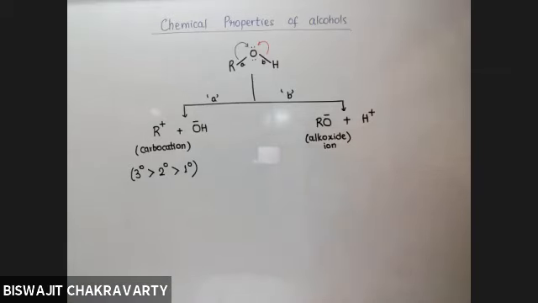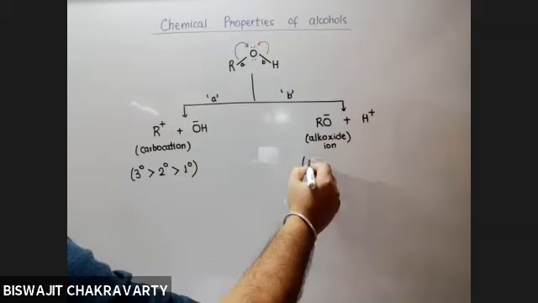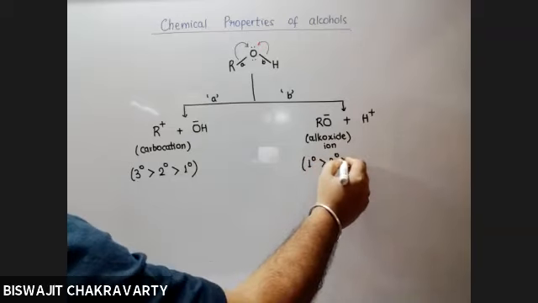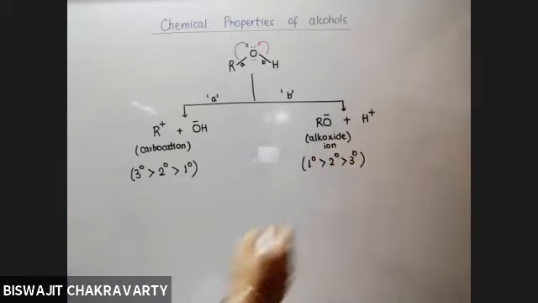So which alcohol will be showing the fastest reaction towards it? 1 degree. 1 degree alcohol. 1 degree greater than 2 degree greater than 3 degree. Yes, anyone having any doubt, please clear it out.